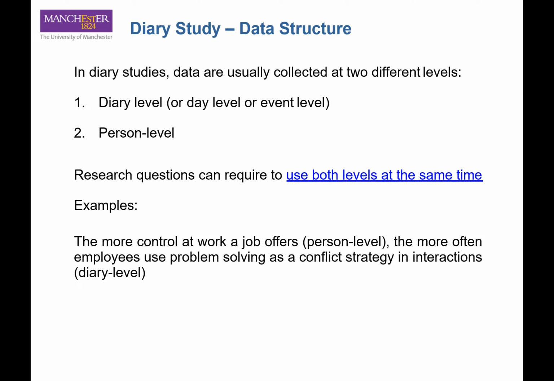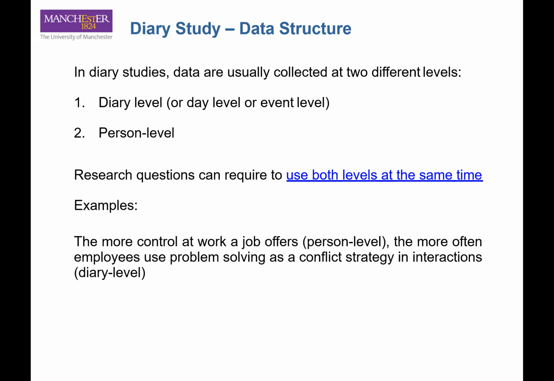If we are going to test whether more control at work, a job factor, that is the person level, is related to how often employees use problem solving as a conflict strategy in interaction, so these are the diary level. On one hand, we look at the problem solving conflict strategy used by employees at the daily, diary level.